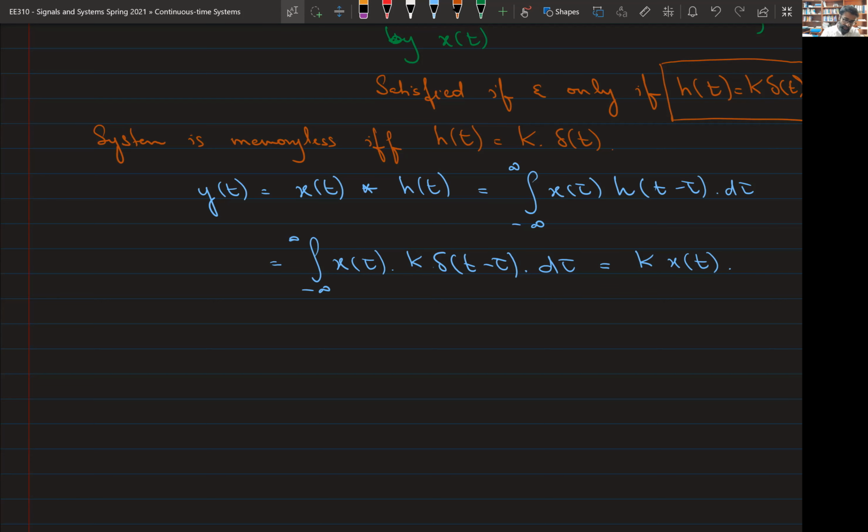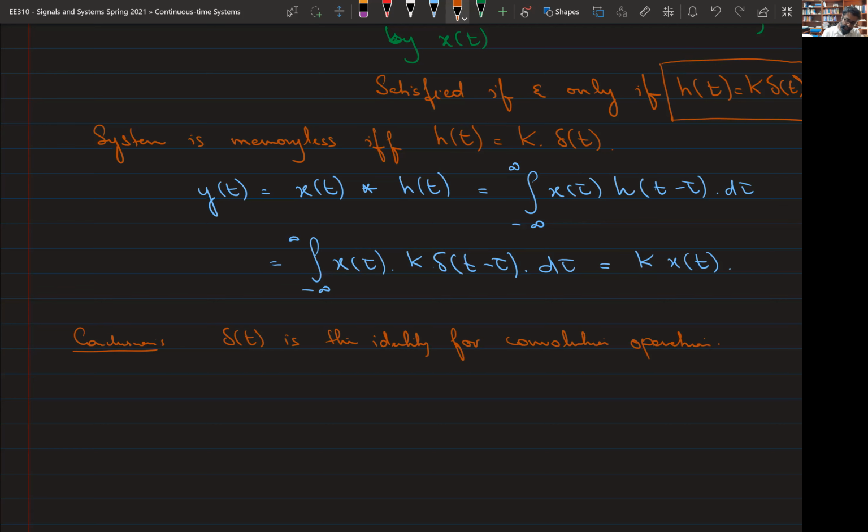Okay? So one of the conclusions here is that delta of t is the identity for convolution operation. Right?